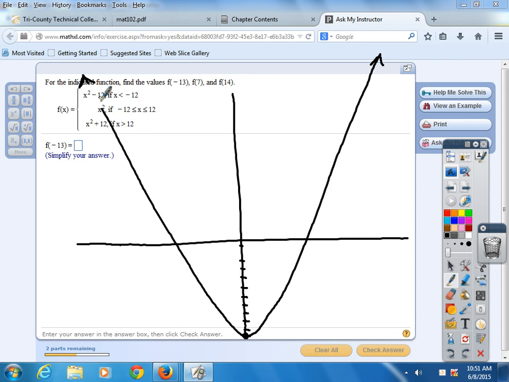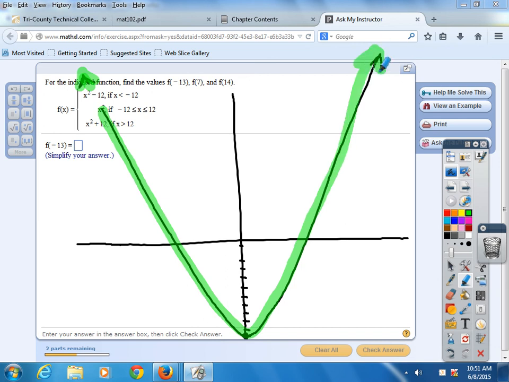So I'll take our handy dandy highlighter in green, and that is that right there.